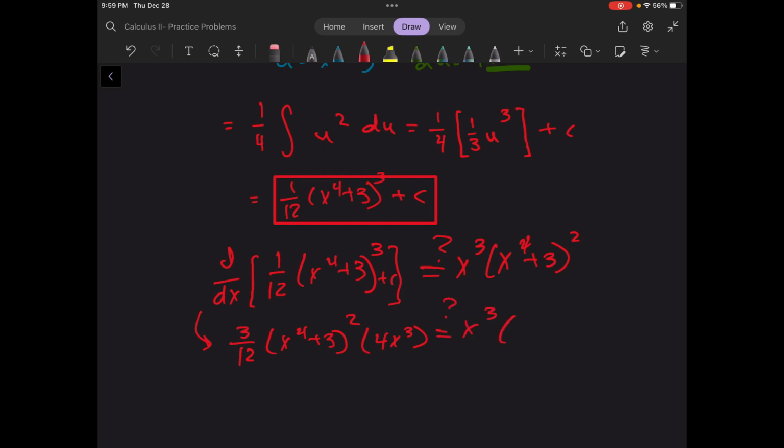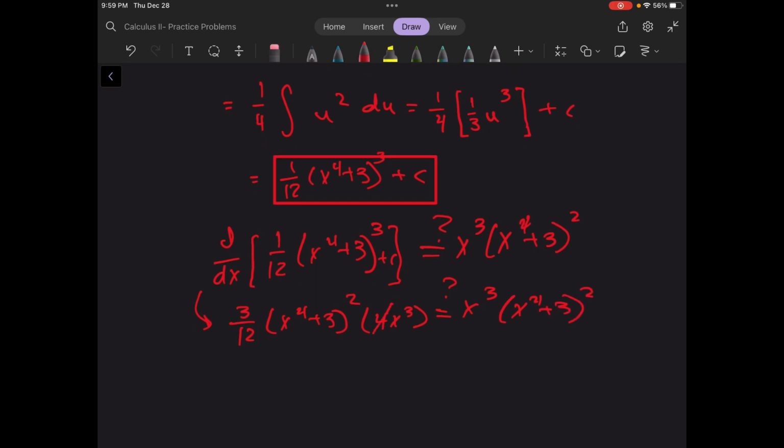Hopefully this is equal to x cubed, x to the 4 plus 3 squared, because then we know we integrated right. Well, let's see, this 4 and the 3 are going to make a 12, which will cancel with that 12. And yeah, looks good. We have an x cubed, x to the 4 plus 3 squared. So we know we integrated correctly.